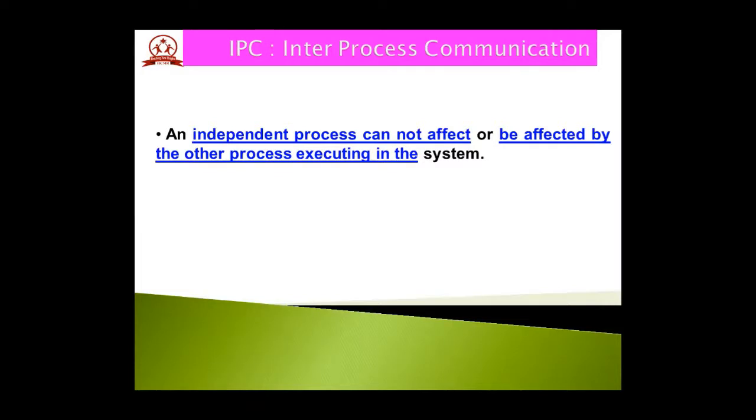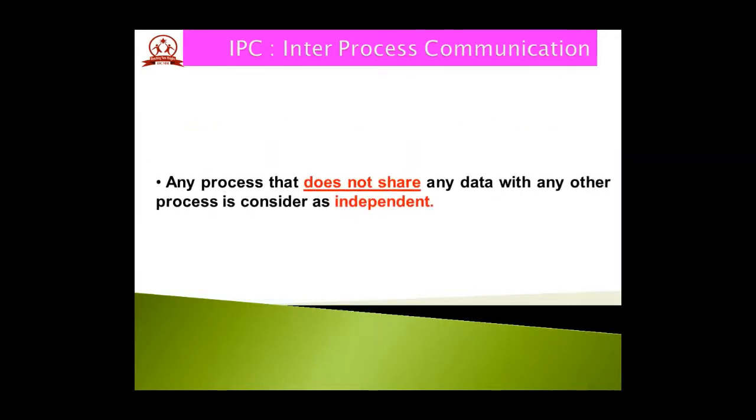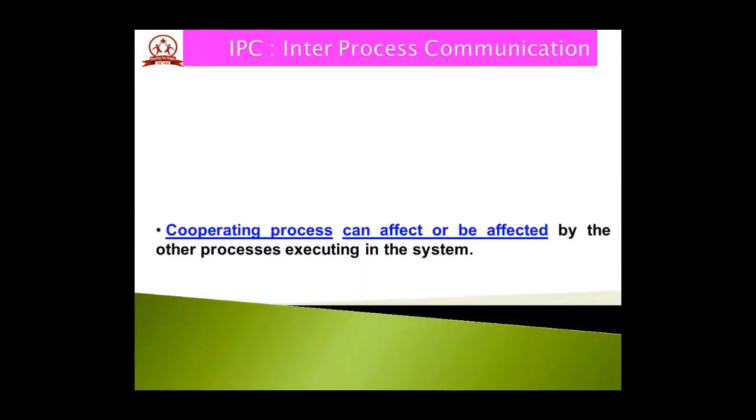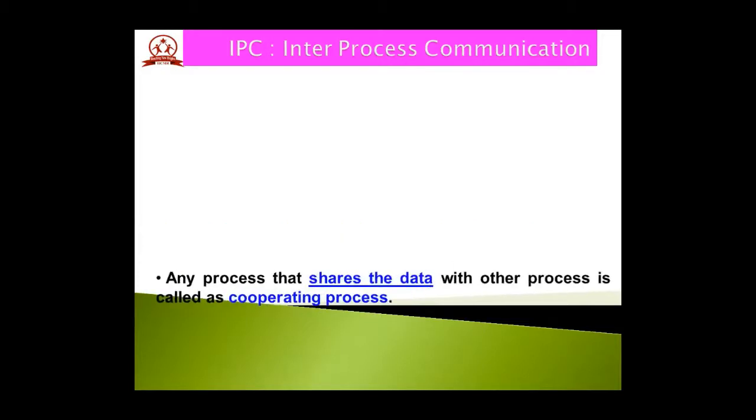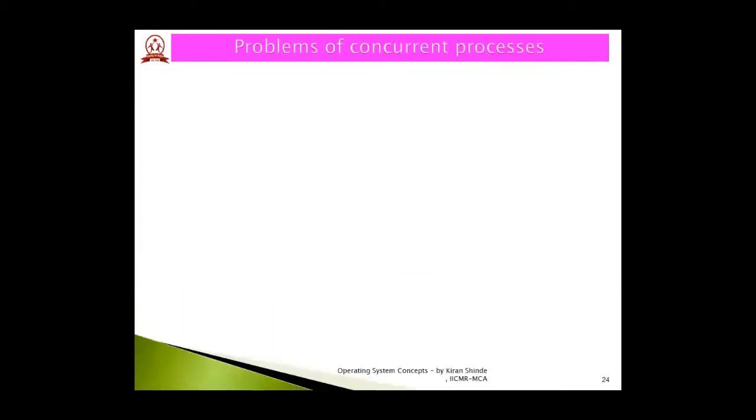Any process that does not share any data or any resource with any other can be considered independent. Whereas a cooperating process can affect or be affected by other processes executing in the system. Why? Because they share data and resources with other processes.